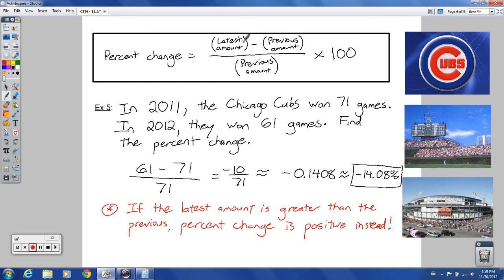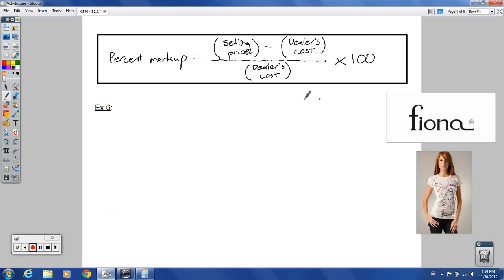So latest amount was what you paid for it. The previous amount was what they paid for it, the store, whatever. So I'm going to say there's this place called Fiona's Fashion. Fiona just opened a new fashion store, sells clothes there. Just the hottest thing in town right now. Everybody's going there. Everybody wants a Fiona's Fashion shirt. But Fiona's Fashion, the shirts that they sell, they initially pay $5.83 for those shirts.